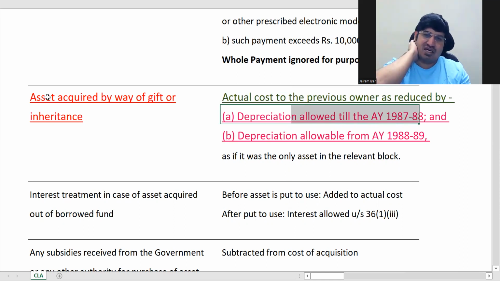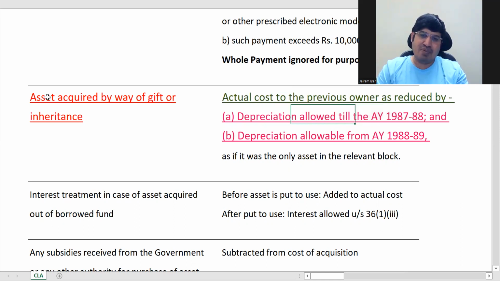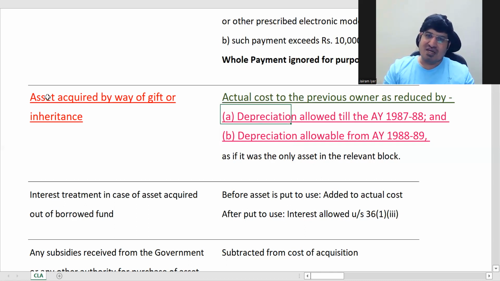Depreciation allowed till AY 87-88, AY 87-88 is PY 86-87. Either remember it by PY or by AY. So remember by PY: PY 87-88 or onwards is your written down value, that is when your block of assets was introduced.